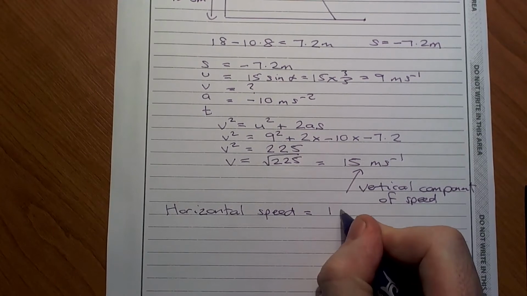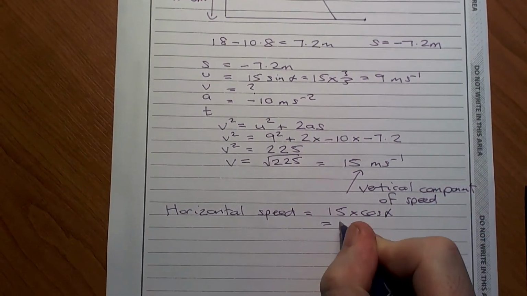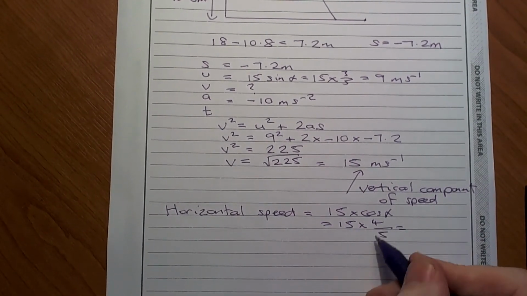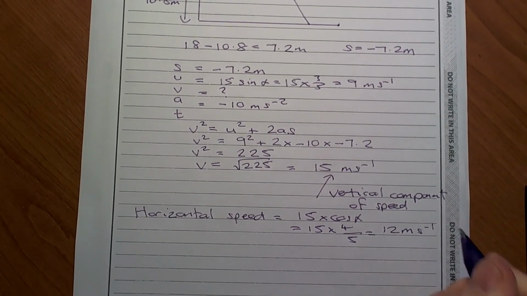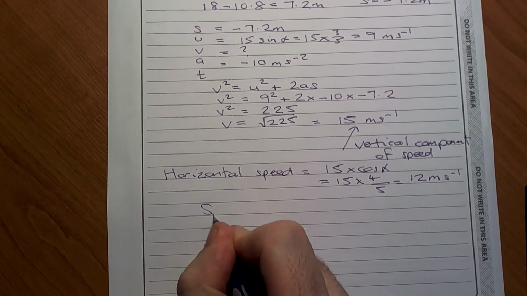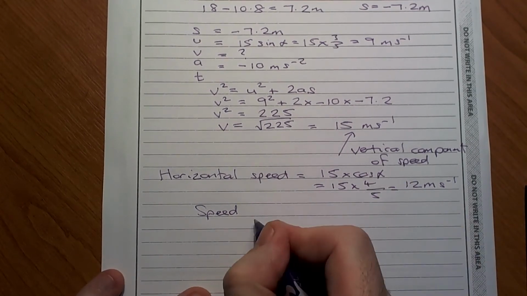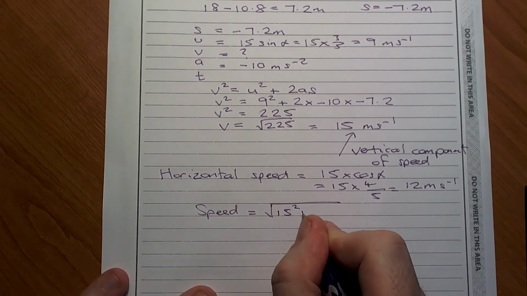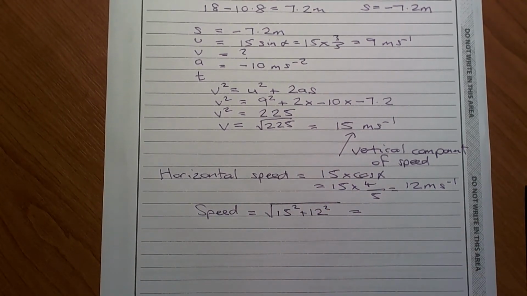Well, it's going to be 15 times cos alpha, which is 15 times 4/5. 4/5 of 15 is 12 meters per second. So the magnitude of our speed then is going to be the horizontal squared plus the vertical squared, square rooted. So that's going to be 15 squared plus 12 squared, all square rooted.